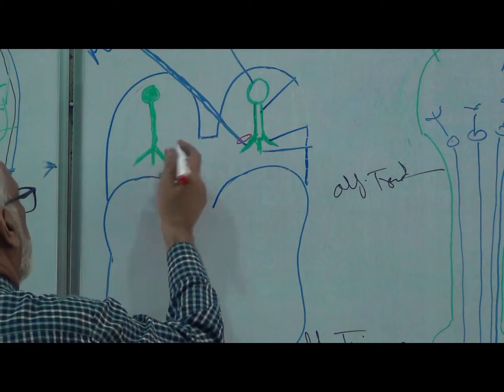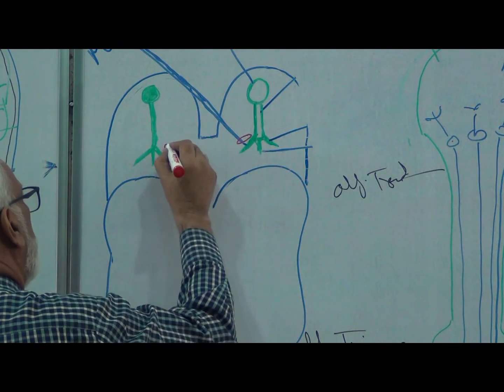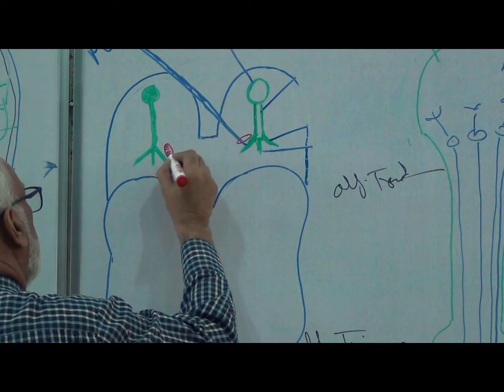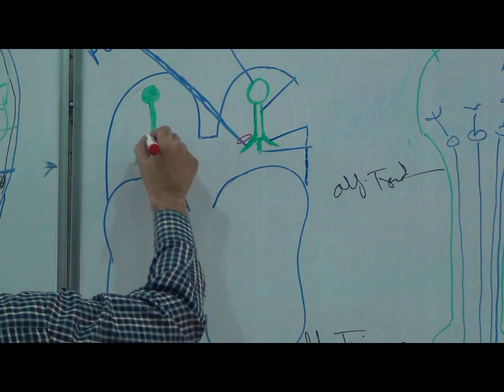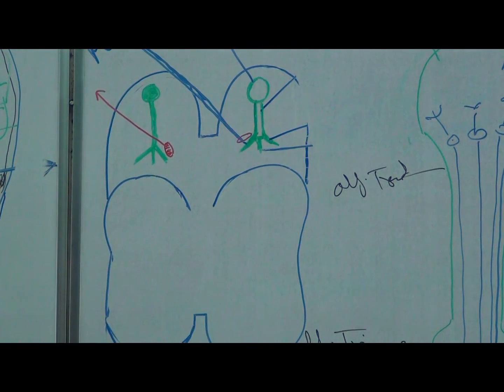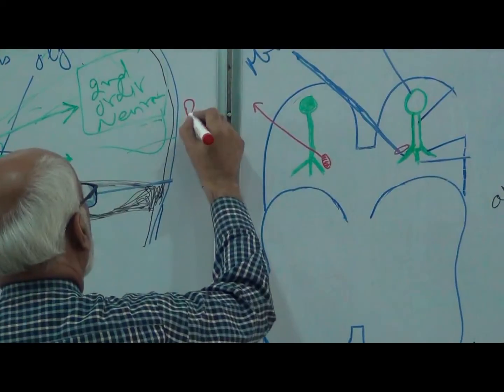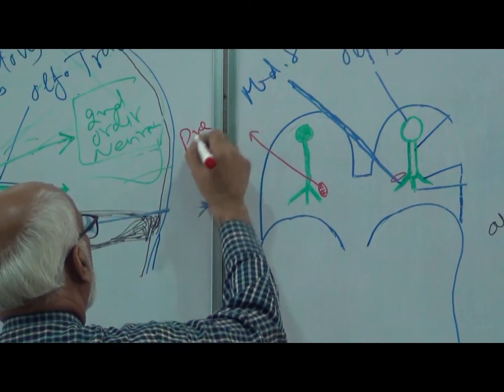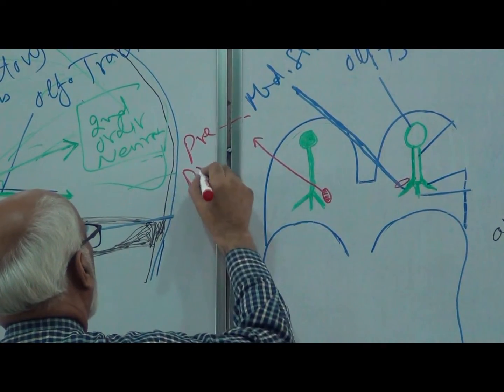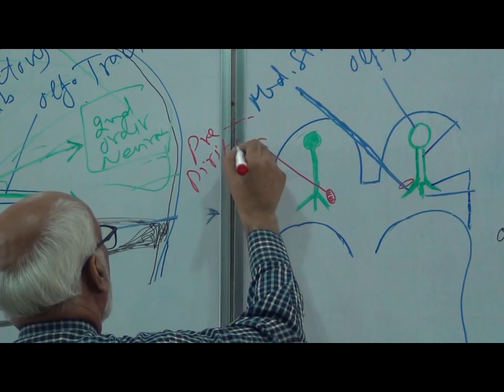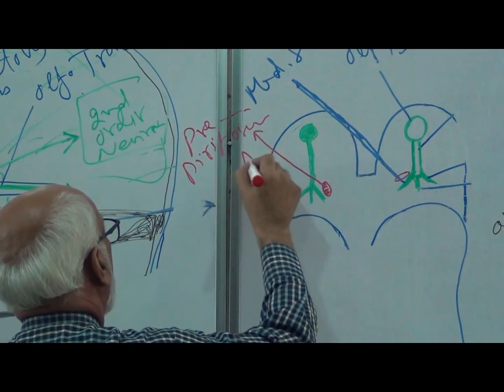The cortex just medial to the medial stria on the basal surface of the cerebrum, frontal lobe, is known as the pre-piriform area.